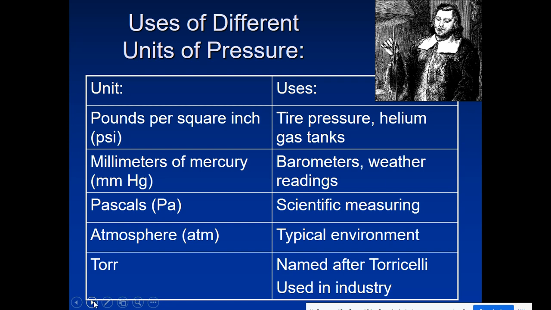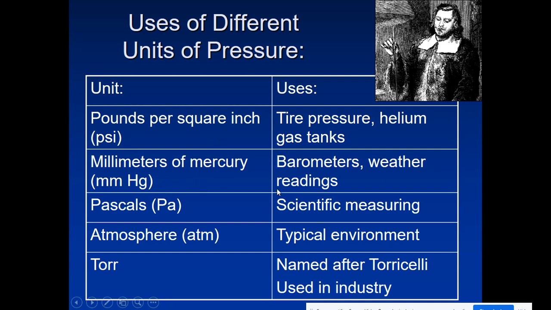So when you look at different units of pressure, we have lots of different units just because of the different types of pressure readings we take and historically what units are associated with that. If we look at tires here in the US, a tire gauge is going to measure PSI or pounds per square inch.